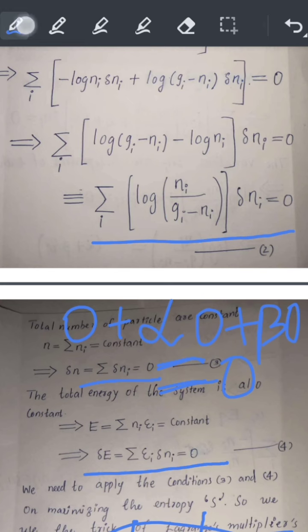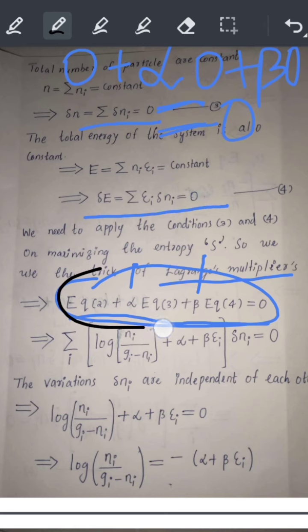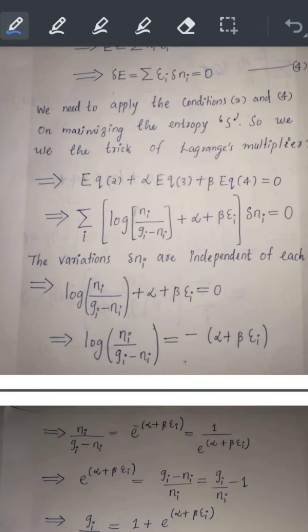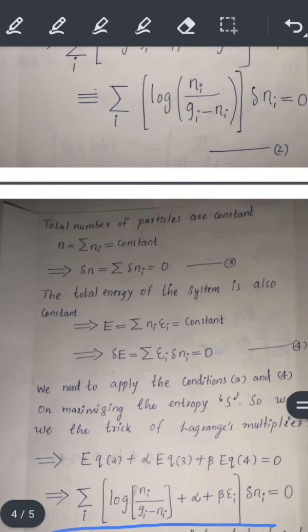So that is actually what I wrote here. Equation 2 plus alpha times equation 3 plus beta times equation 4 is equal to 0. So putting in equation 2, alpha times equation 3, beta times equation 4, you simply get this equation. That is, equation 2 is here.